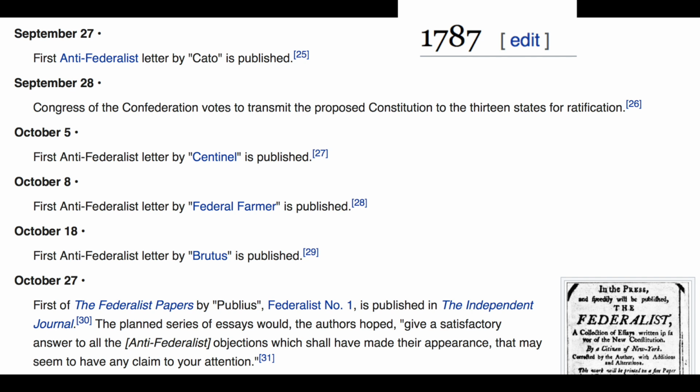You can tell just from that quote that it's total double speak. What are they saying here? The objections that may seem to have any claim to your attention.